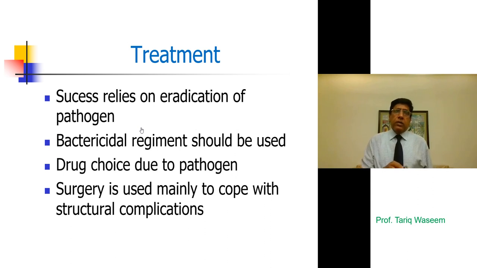So apart from treating the bacteremia, this should definitely lead to resolution of those vegetations. The vegetation may disappear, but if there is ongoing valvular damage, then you possibly have to have a surgery to avoid the complication or to correct the anatomy which has been further damaged by this process.